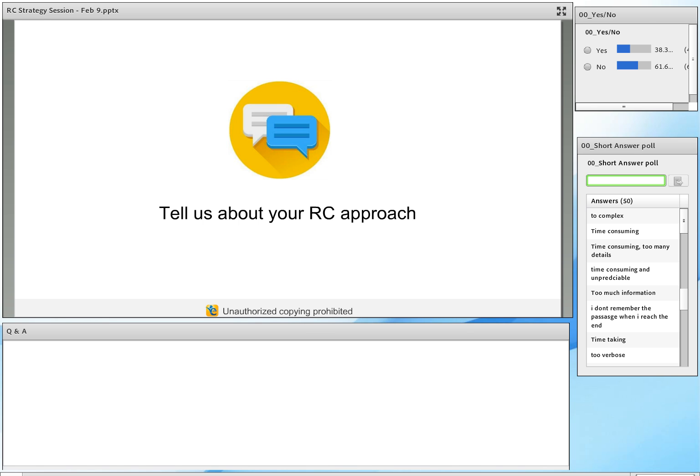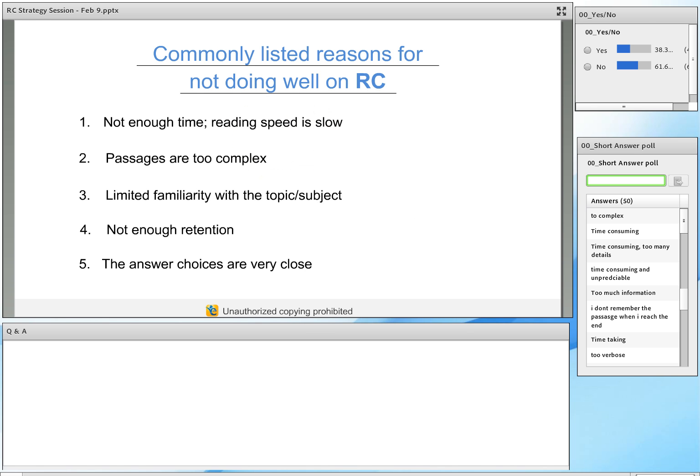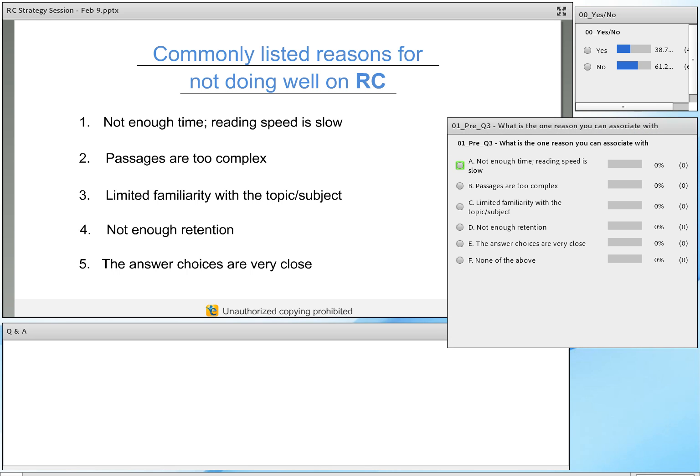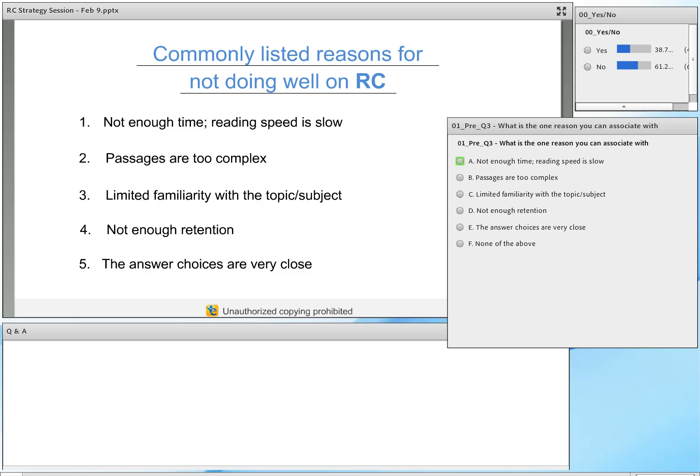Okay. So now I would request you to read through the 5 options that you see on the screen and tell me which ones you associate with the most. Again, these are just different ways of getting similar kind of information, just so I understand where you guys are at.